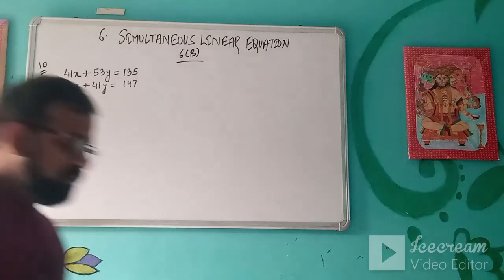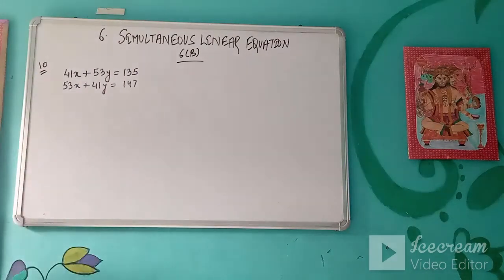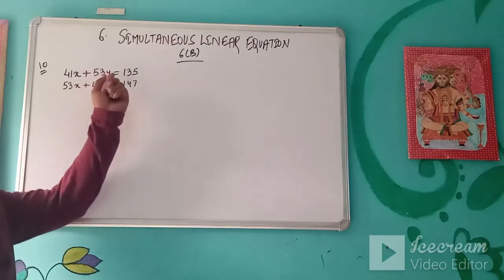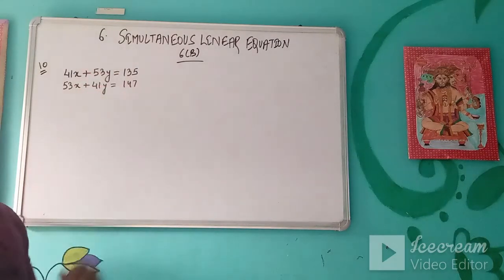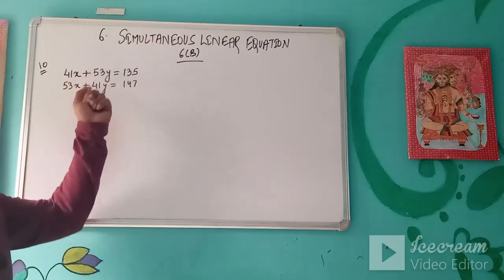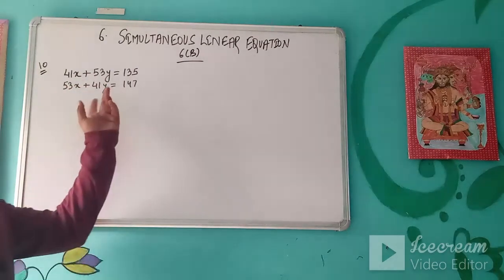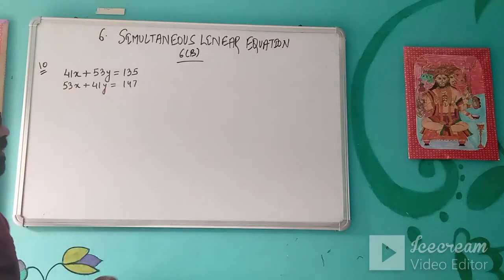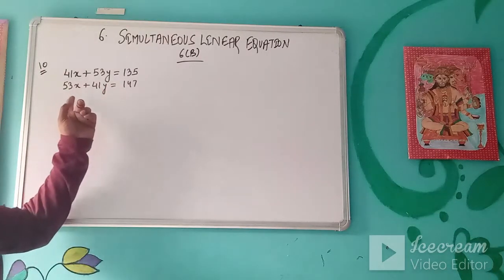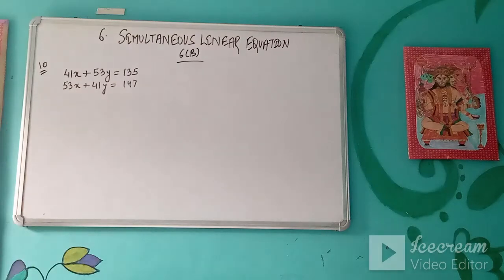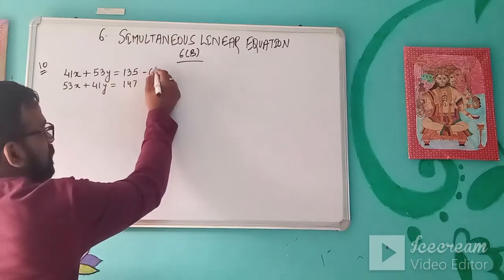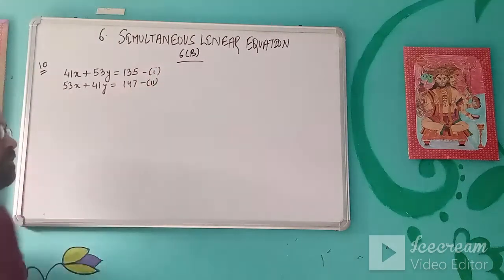Now the problem in these types of questions is, suppose you try to equalize x and y. There 53 and 41 both are prime numbers. So their LCM will be a very big number. So instead what we can do, we will assume it as our first equation and second equation.